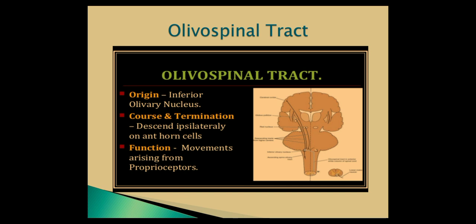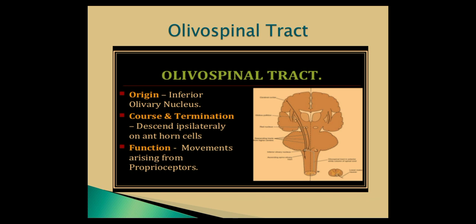One more tract is the rubrospinal tract. The rubrospinal tract is present in the lateral white column of the spinal cord. It means it extends through the lateral white column of the spinal cord, and it originates from the red nucleus of the midbrain. After originating from that nucleus, the fibers descend downward and extend up to the thoracic segment of the spinal cord.